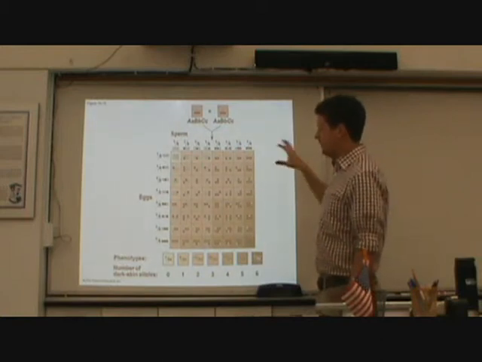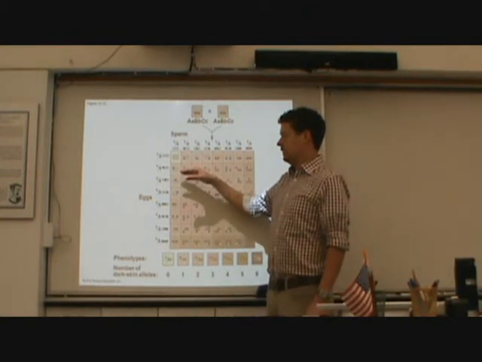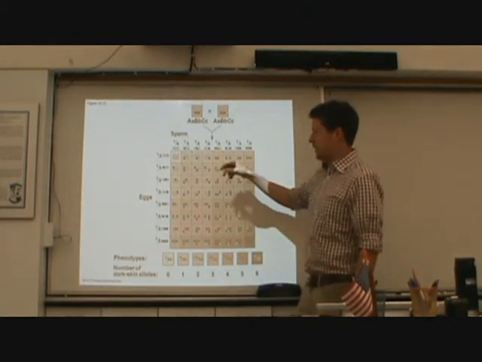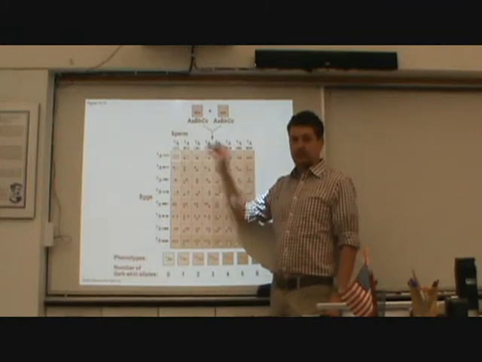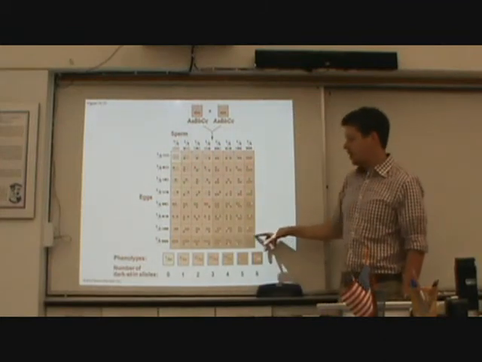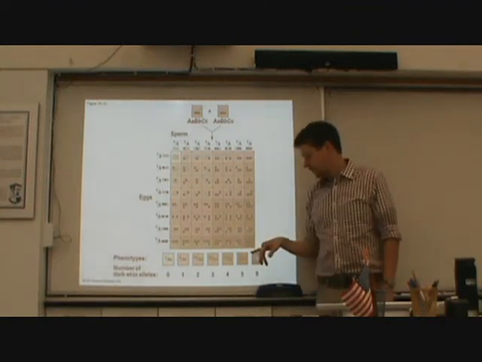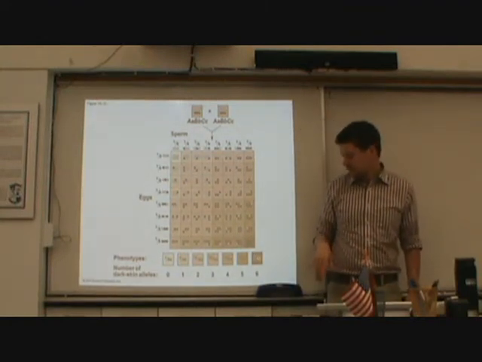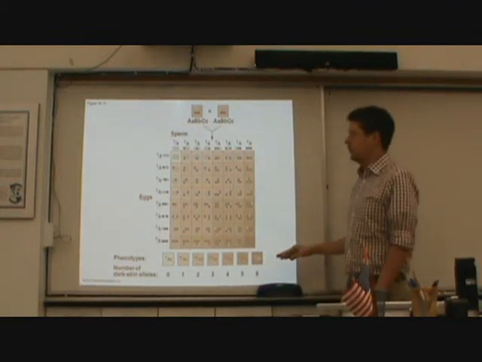And so you get this kind of blending effect where, let's see, if you have 0 dark skin alleles, you're going to be much, much lighter. And if you have all 6 dark skin alleles, then you're going to be very, very dark. And this kind of gives you the frequency of those.